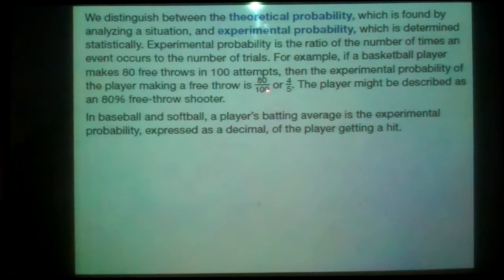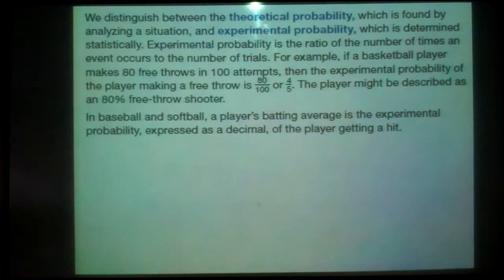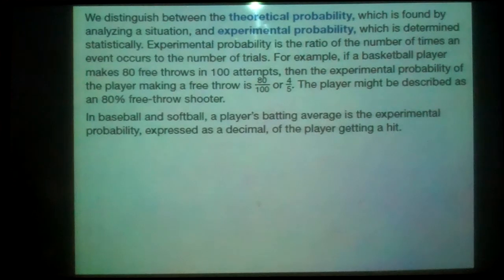So 80 out of 100, which reduces to 4/5. All right, so we might say that that player is described as an 80% free throw shooter. Also, in baseball and softball, a player's batting average is the experimental probability, and we express that as a decimal, which we will see on the next problem.